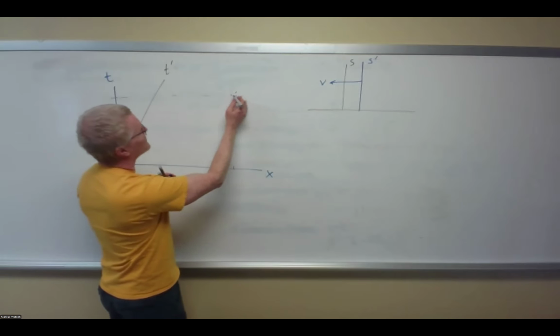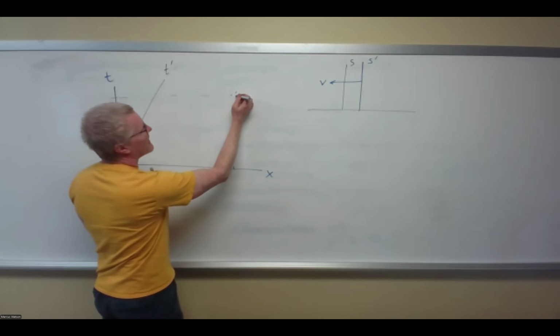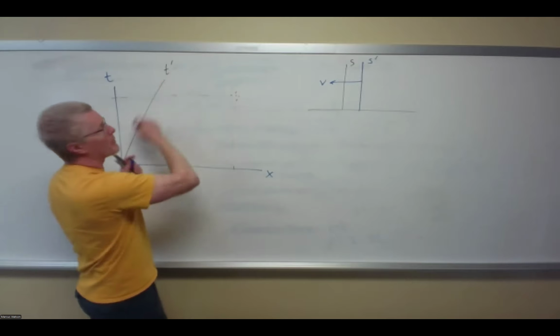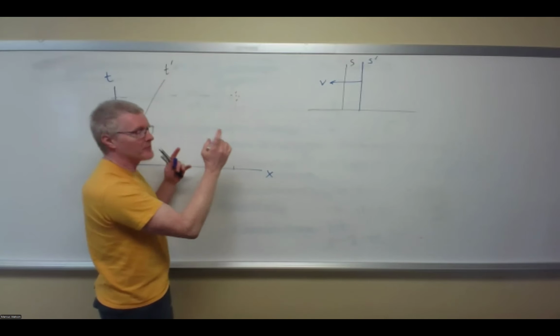I'm going to have to find out where this happened, meaning that I want to go not perpendicular but parallel with the T prime axis to find out what position it was at. That's what I was trying to say.